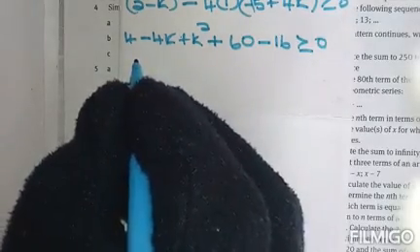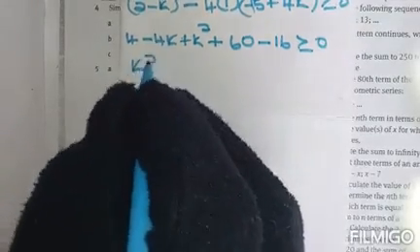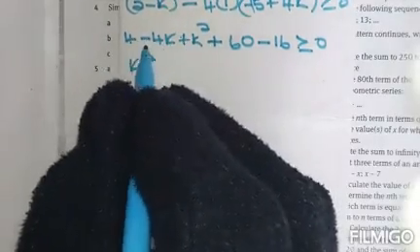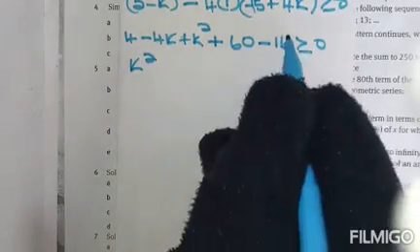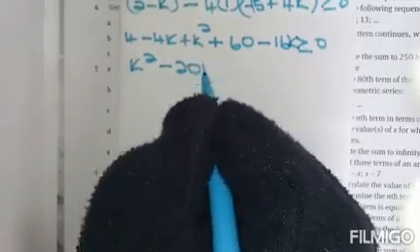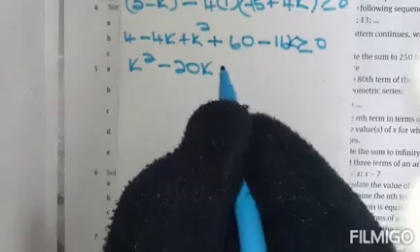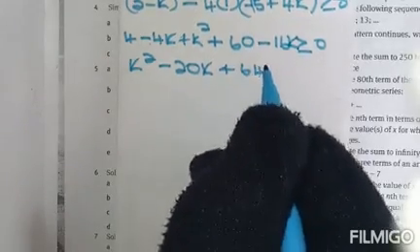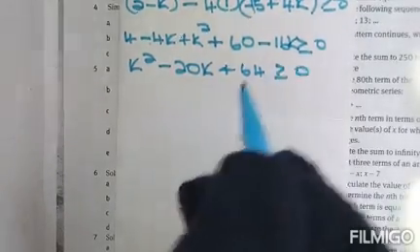Now putting this in the correct form, we have k squared, 4k minus 16k giving minus 20k, and 4 plus 60 giving plus 64, greater than or equal to 0.